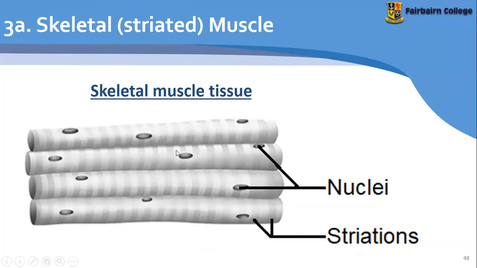And then also the striped appearance, the striations. That's the important part about skeletal muscle in this drawing. Basically you just draw a couple of lines on top of each other, indicate that they are different cells, and indicate the striped appearance and the multiple nuclei inside of each cell.